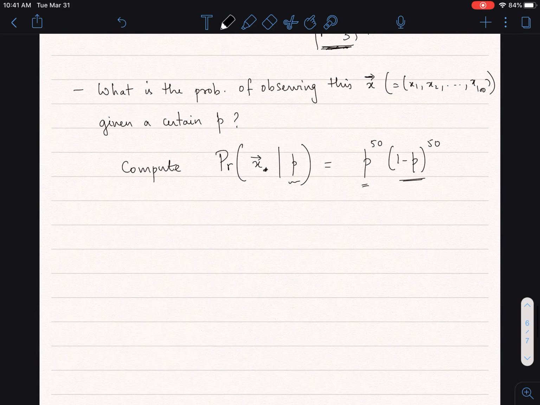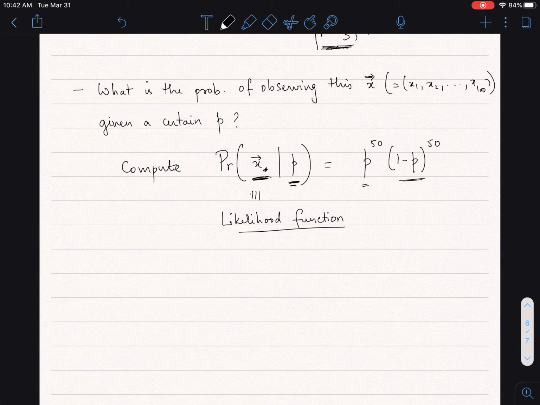Now let's find these values. This function is called the likelihood function. The likelihood function is basically the probability of the data, which is the x, given some value for the parameters.